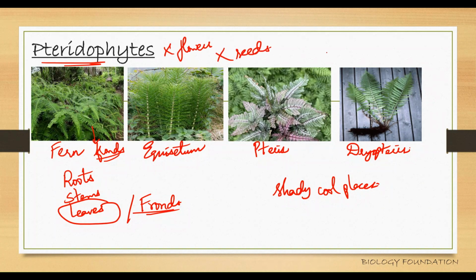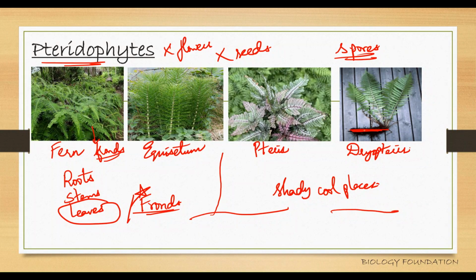Then how do they reproduce? By producing spores. Try to understand here, the leaves are called fronds. We know that the stem usually grows above the soil, right? But in some pteridophytes the stem grows underground. Can you see the brown colored structure here? That's because the stem is growing underground, horizontally inside the ground.